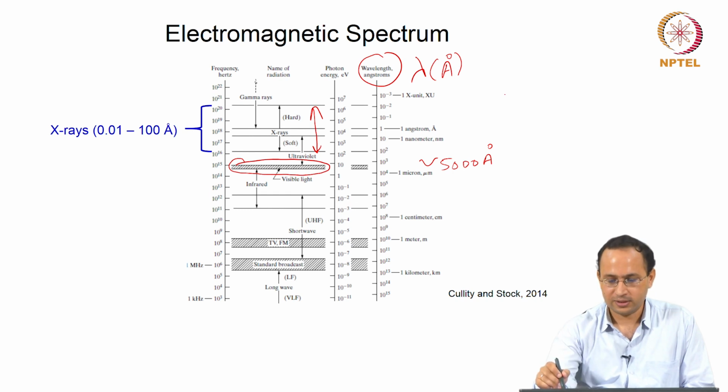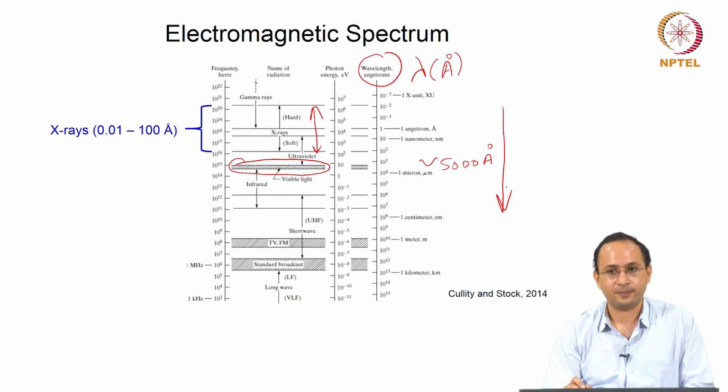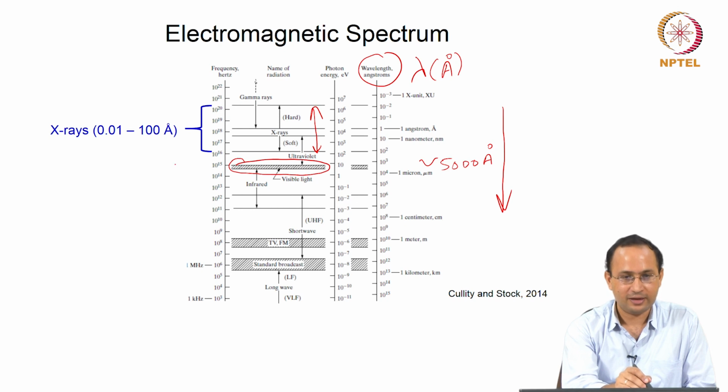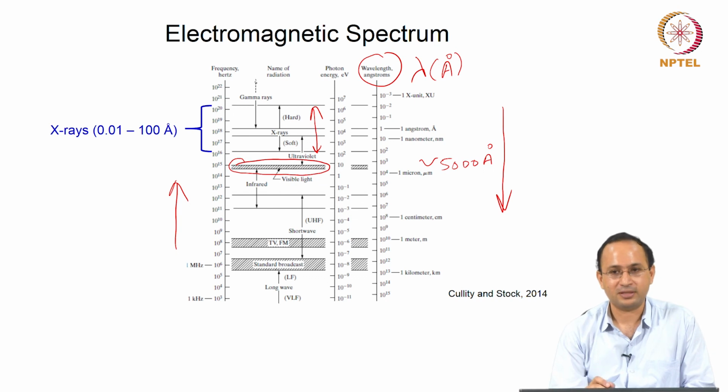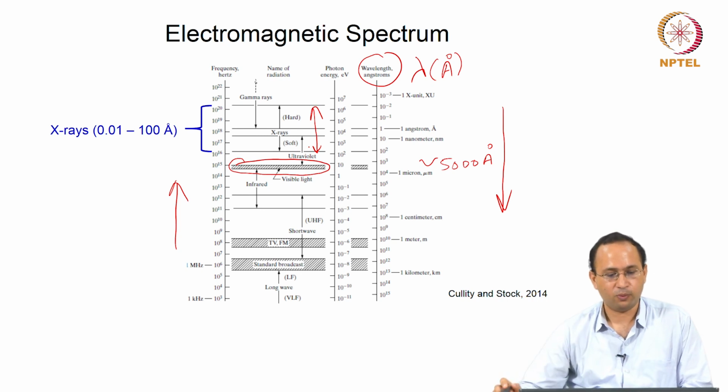In this direction wavelength is increasing, so frequency will decrease. In this direction frequency is increasing. All of you know the relation between wavelength and frequency. So X-rays have shorter wavelength than visible light, in the range 0.01 to 100 angstrom.